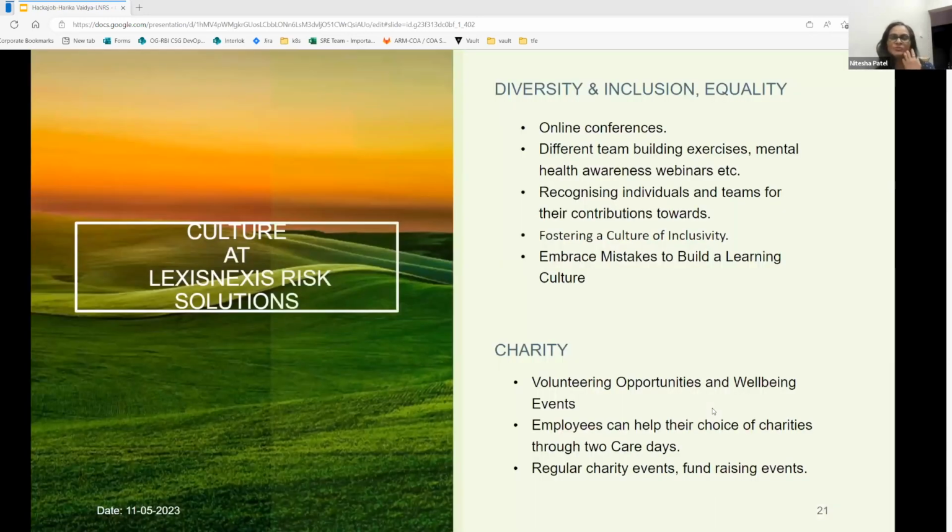A little bit more about my company, LexisNexis: what we have included in our culture, and how all the employees are included. One thing is diversity, inclusion and equality.